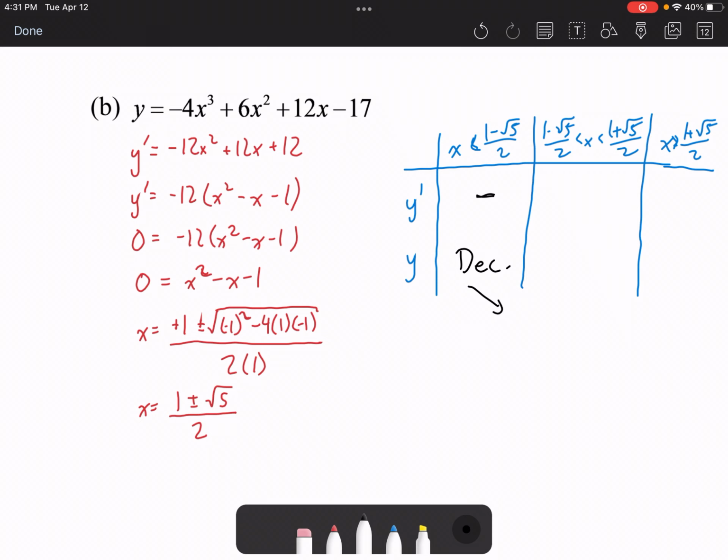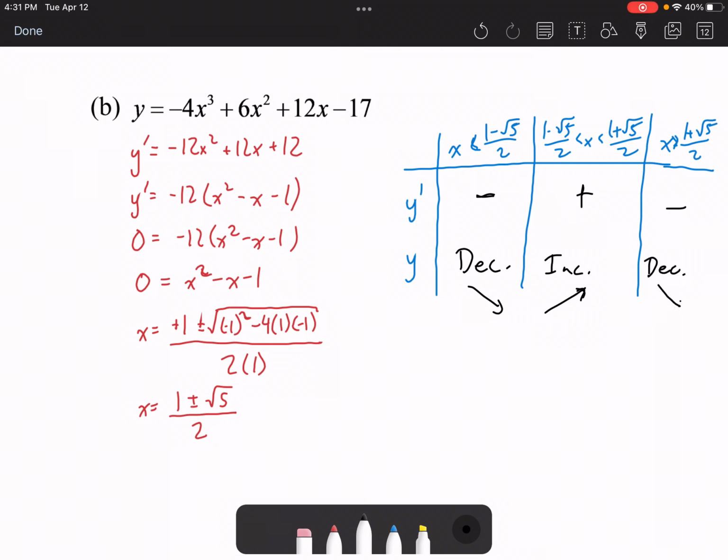Choose a value like 0 and substitute in. Your answer is going to be positive, which means your function is going to be increasing. Choose a value bigger than 1 plus the square root of 5 over 2. Substitute that into y prime. That gives you a negative.